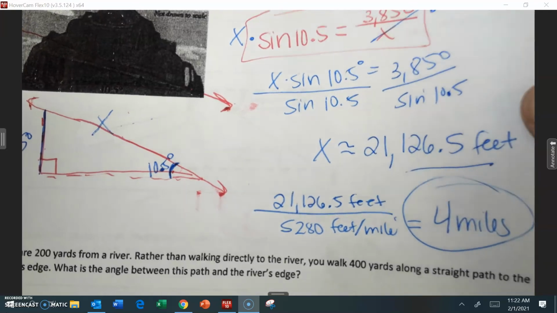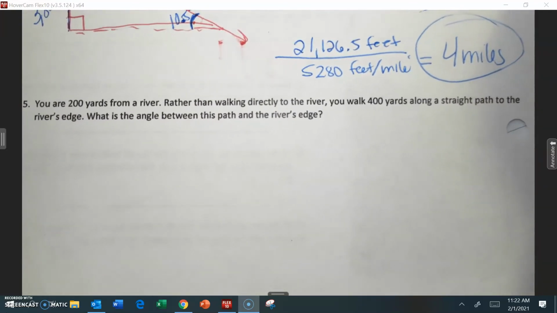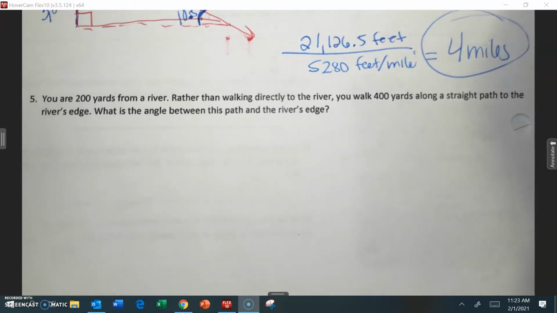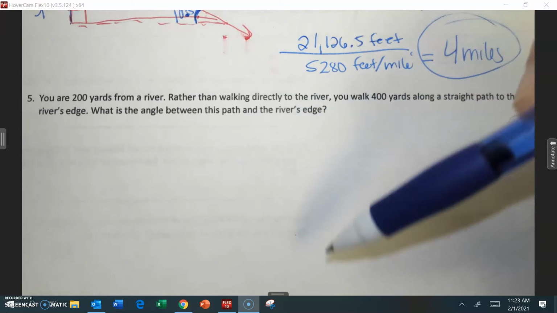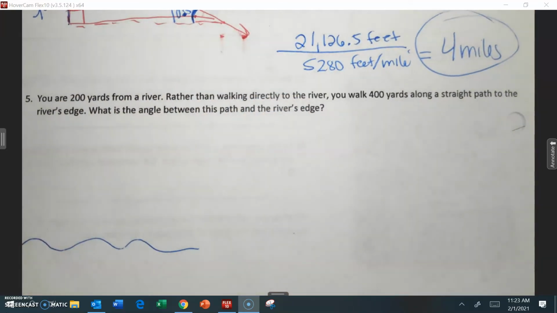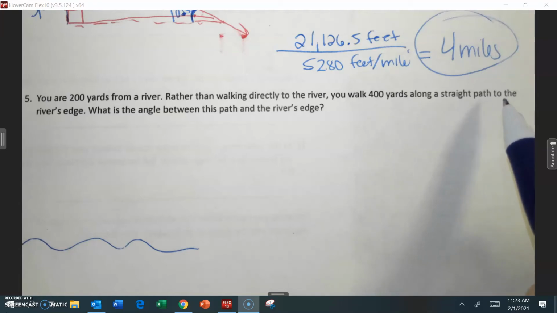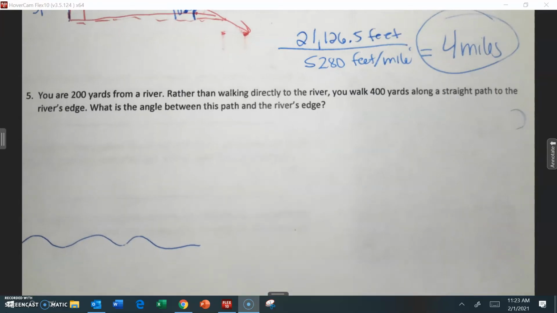Okay? All right. The last example is you are 200 yards from a river, and it says rather than walking directly to the river, you walk 400 yards along a straight path to the river's edge. What is the angle between this path and the river's edge?